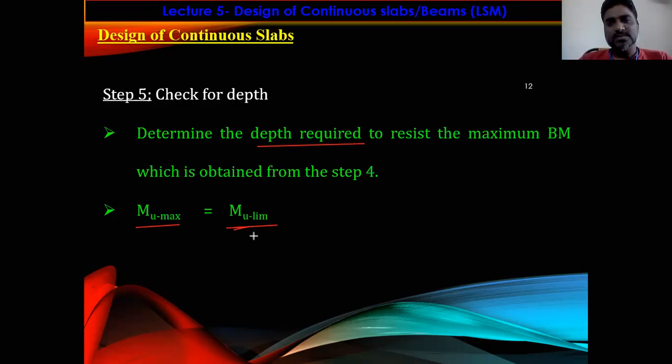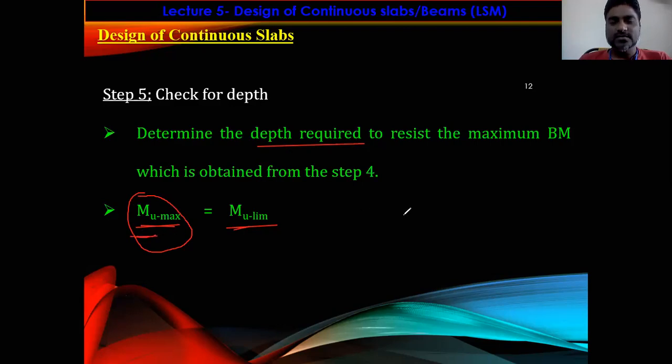So why am I comparing only this one? Because this is the maximum moment of resistance, that means this is the limiting moment of resistance, right? We cannot accept more than that. And this should be equal to the maximum moment developed within the slab. So I am calculating the depth required corresponding to the maximum bending moment developed within the beam. Why am I taking only the maximum?